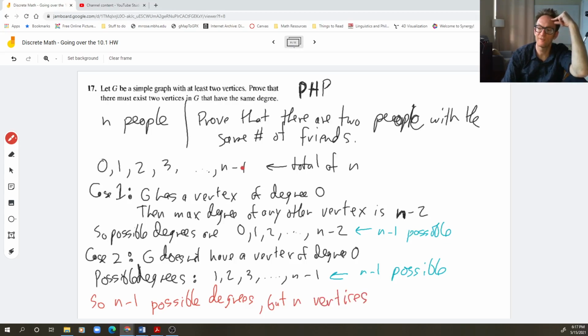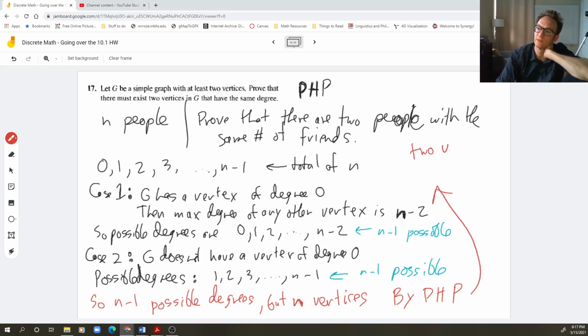And so now the n vertices are the pigeons, and the n minus 1 possible degrees are the pigeonholes. So by the pigeonhole principle, 2 vertices have the same degree, because there are only n minus 1 possible degrees, but there are n vertices.